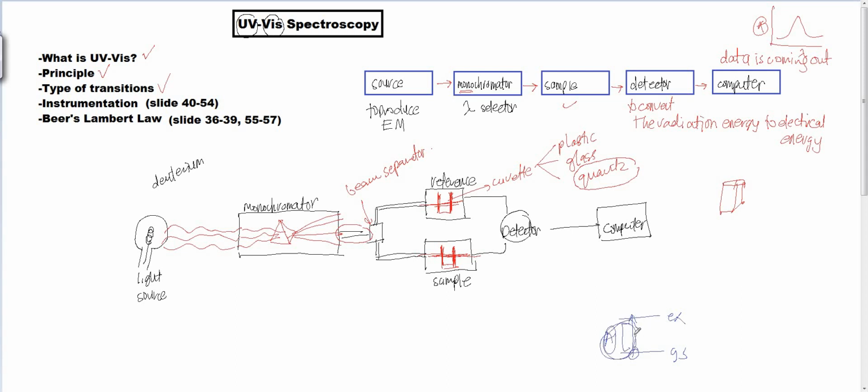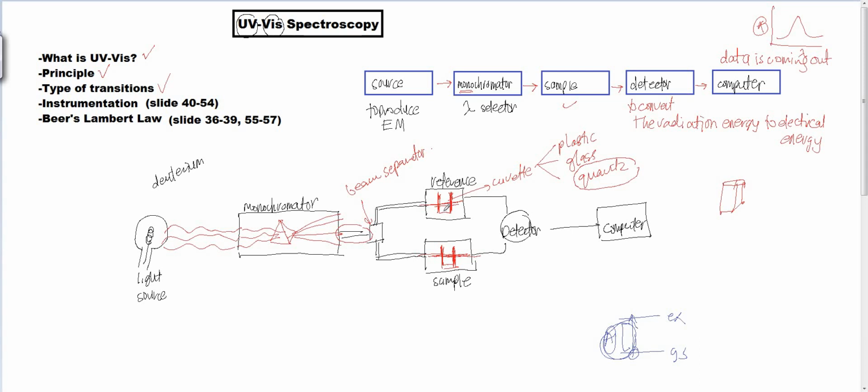So berapa banyak energi yang diserap. Okay, so datang daripada mana energi ni? Datang daripada the light source lah. I hope that you can try to imagine. For example, if you just put the reference, so this is just the solvent, not involving your sample. Jadi for example, you just use water. Water is a molecule juga kan.